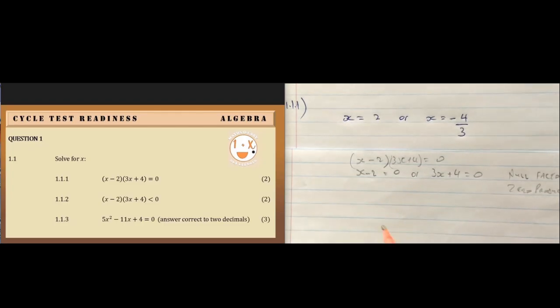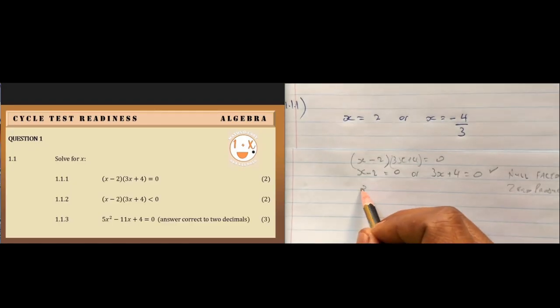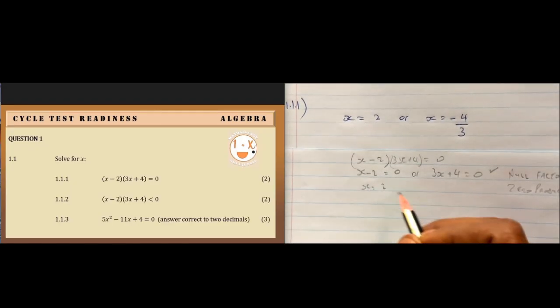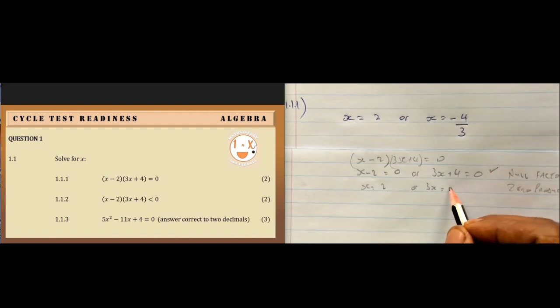So you'll see your teacher will mark you for having done this. Then x is equal to 2, or 3x is equal to -4. Then you say x is equal to -4 over 3.